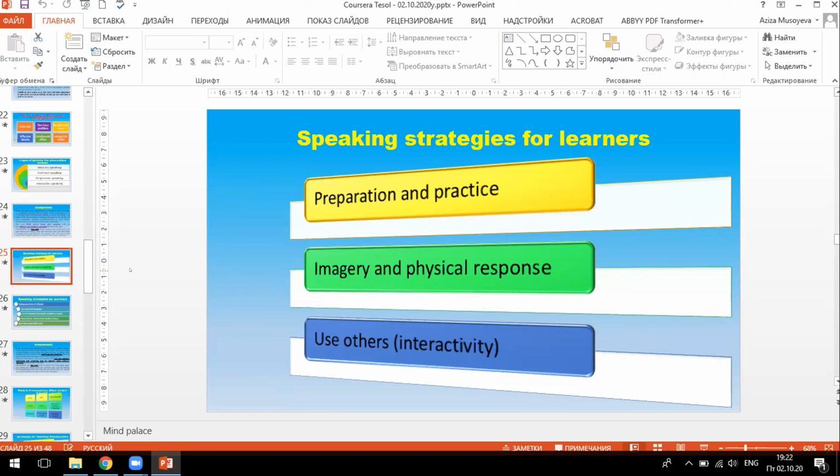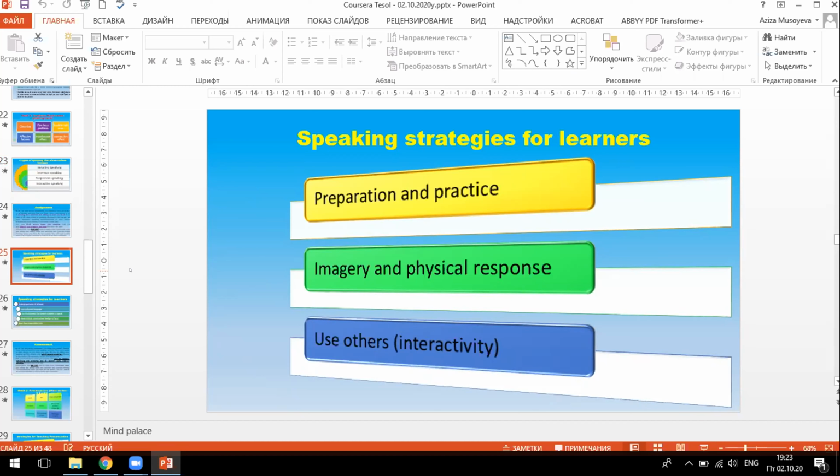For example, you can ask them to associate their speaking with some imagery, and this imagery should be as long as the speaking itself. So when they think about it, they can speak about it fluently without any pause, because they have already put this speaking in their mind with imagery.